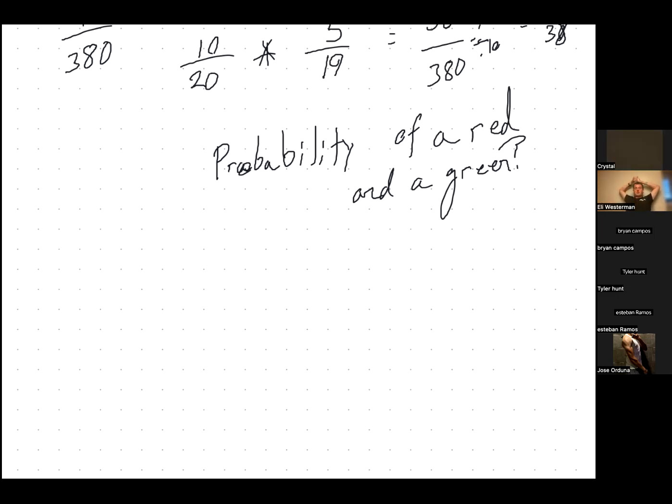All right, probability of a red and a green. And I'll leave this one for, I don't know, maybe a few more minutes. Like 2 minutes.